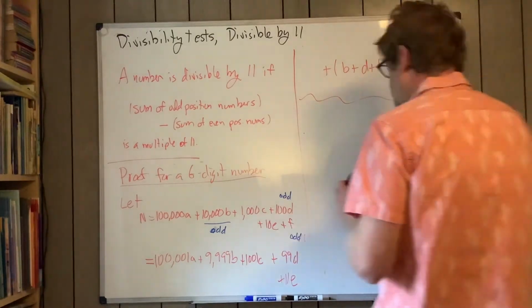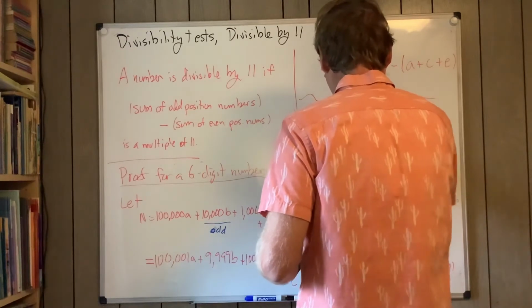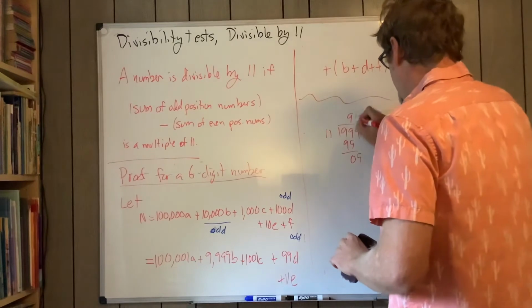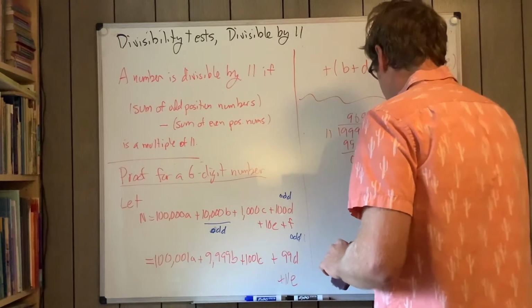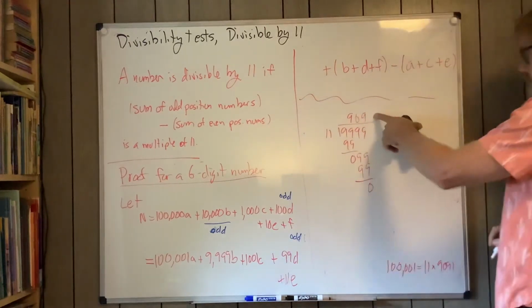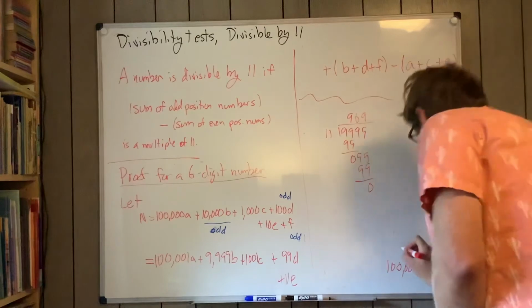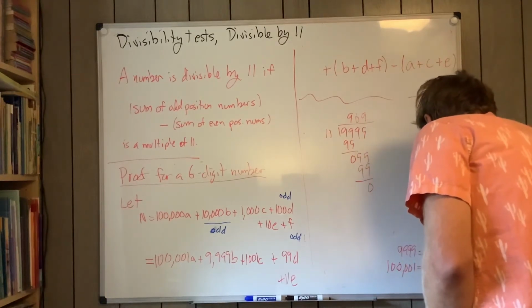Okay, maybe you can see this one, but 11 into 9999 is 909. So 9999 is 11 times 909.